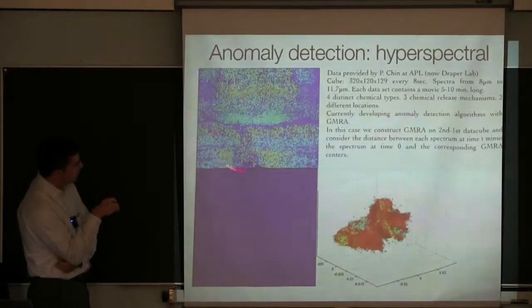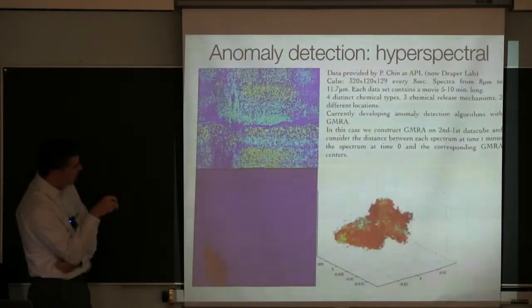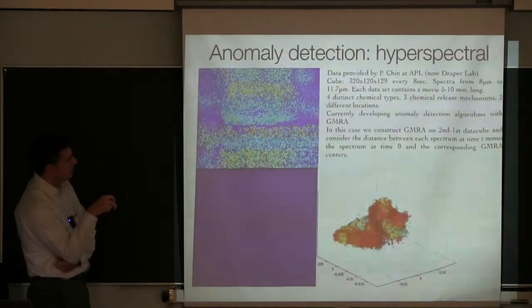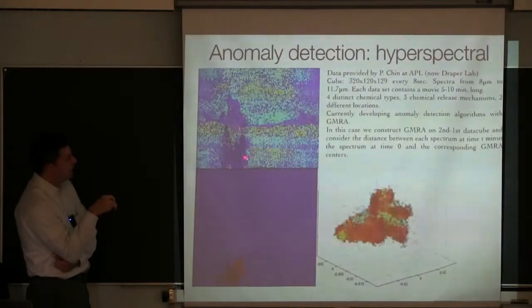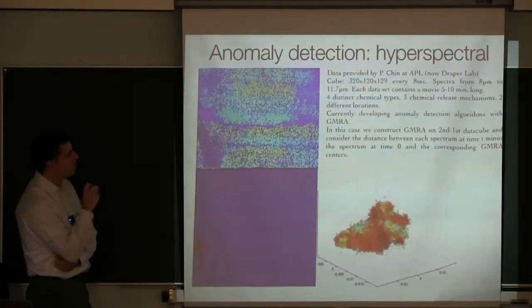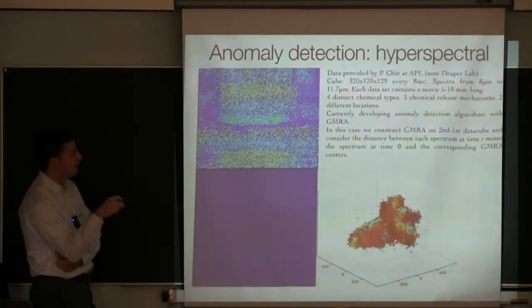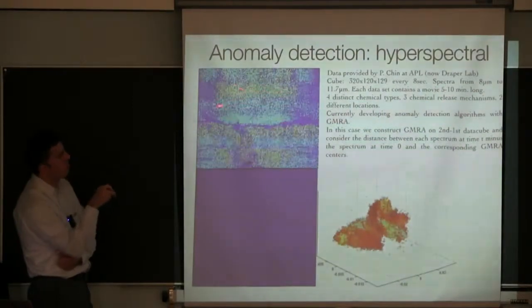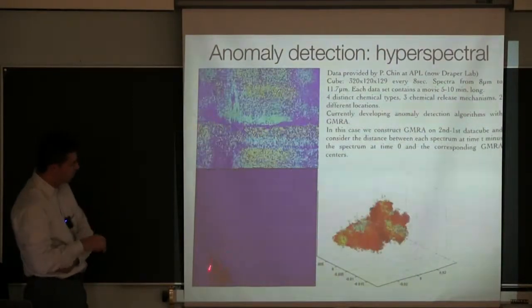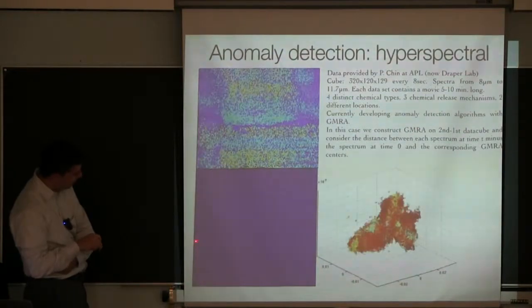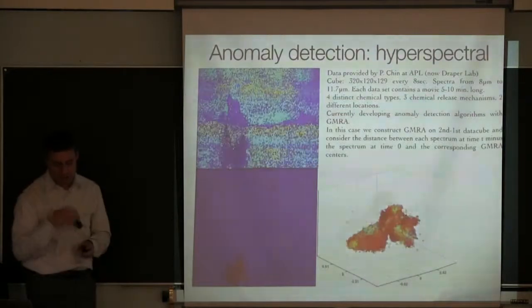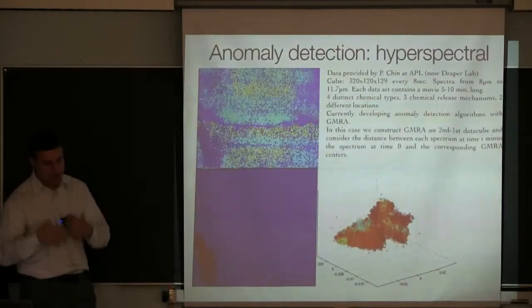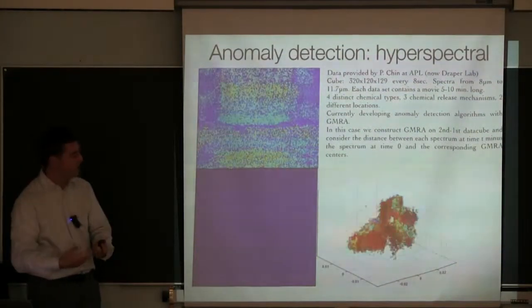And so, in this representation, we have a 2D image, and the color is the probability of seeing what we're seeing, and the darkest blue is what is very unlikely to be something belonging to the desert or the mountains or the sky. And you can threshold that, and you will see the chemical plume being released. So this is a task where I think you do have to talk about probability distributions on the coefficients.